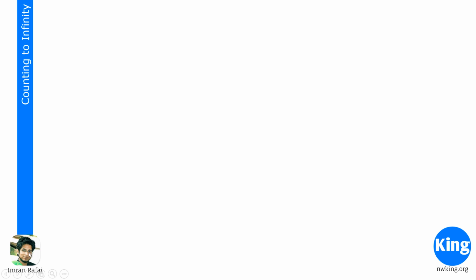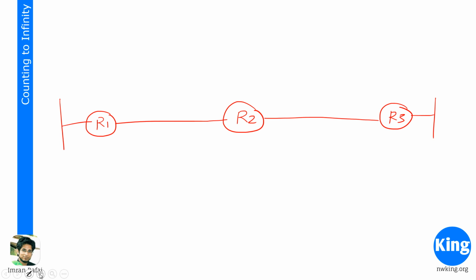To understand that, let's do some diagrams. Let's assume we have router 1 here, router 2 here, and router 3 here, right? And they're connected. Let's put IP addresses. This is 192.168.1.0/24.